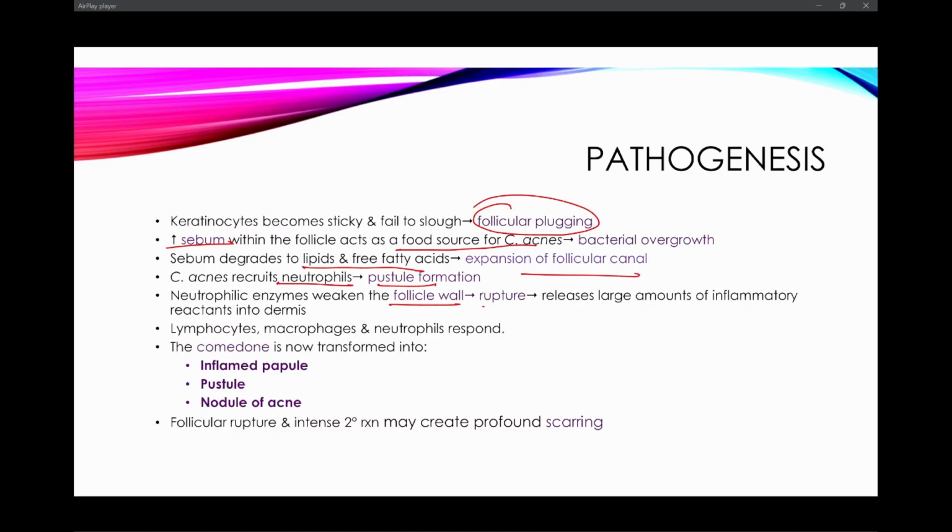And when that happens, large amounts of these inflammatory reactants all get dumped into the dermis, causing that other reaction to occur, causing more lymphocytes and neutrophils to respond. And now this comedone has either transformed into an inflamed papule, a pustule, or a nodule of acne. Those are the three things that can happen. Follicular rupture and that intense secondary reaction is what causes the scarring to occur.